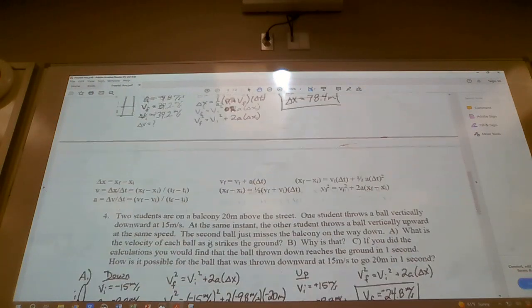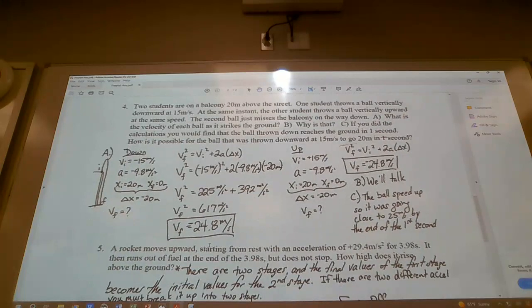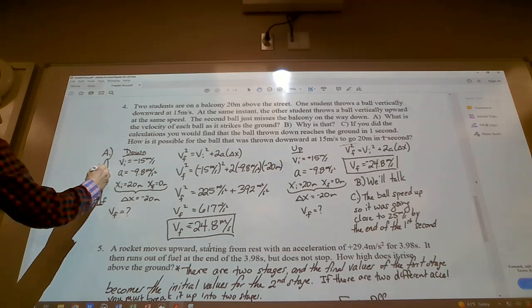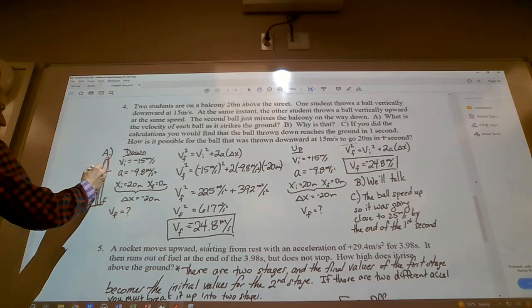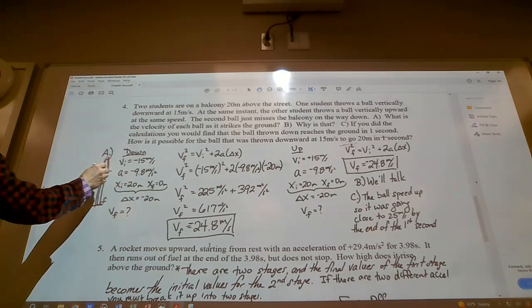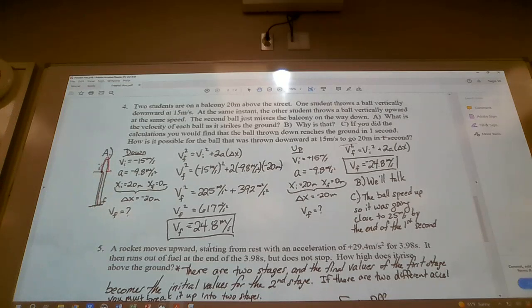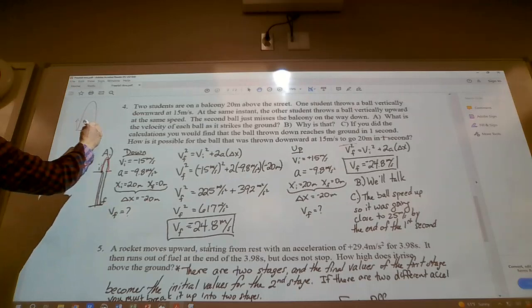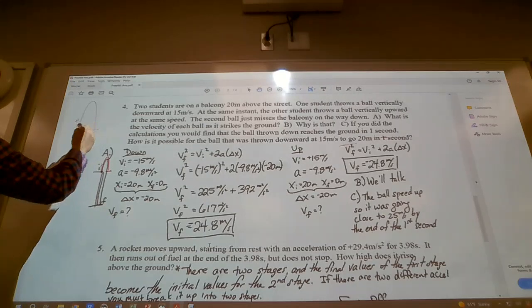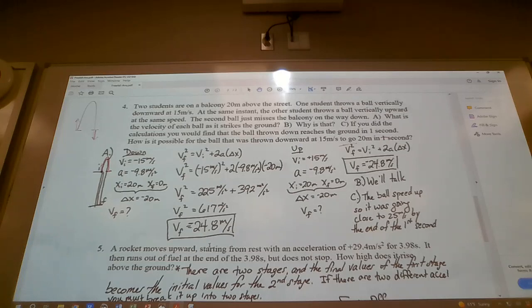Number 4, conceptually, how fast is it going right here? If I throw it up at 15 meters a second, how fast is it going right there? If I throw it up at 15 meters a second, how fast is it going right here? 15 meters a second downward.